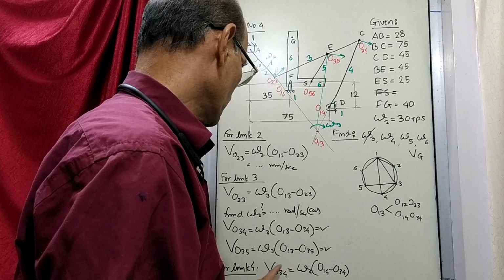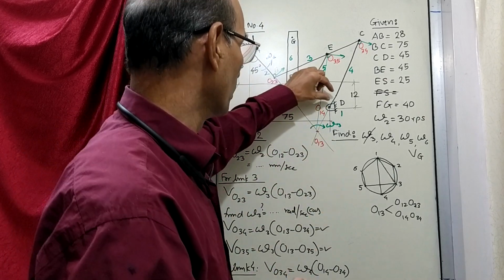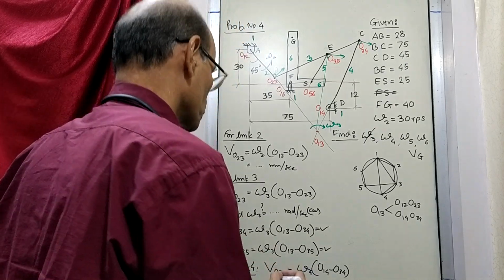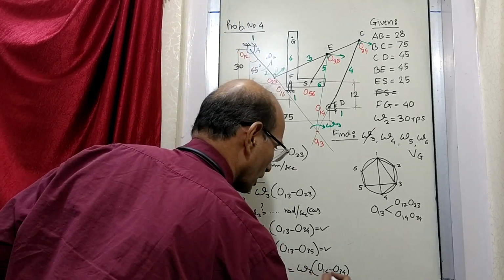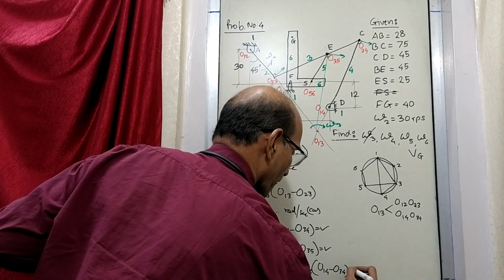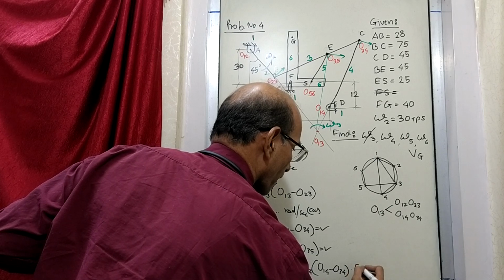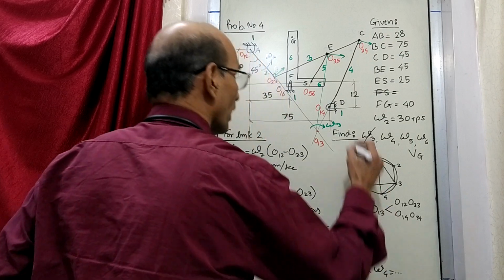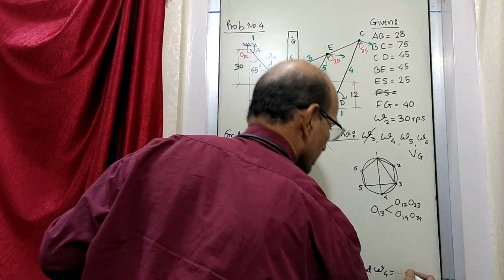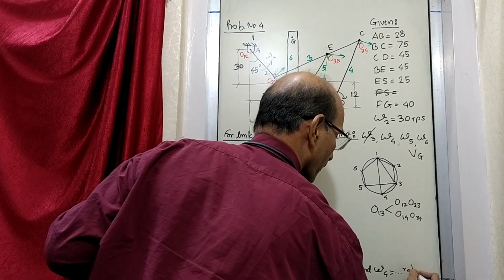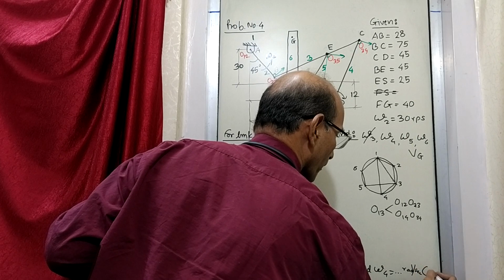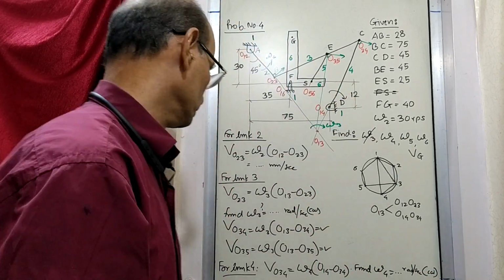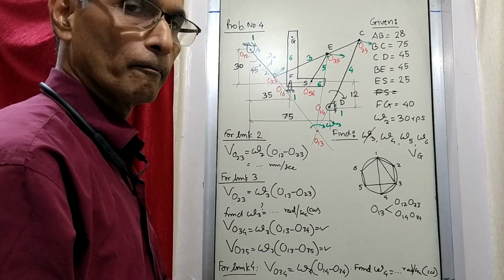Now since velocity is known and the distance from O14 to O34 is known, we can find out omega 4. So we can find omega 4 right here. And it will be in the clockwise direction for link 4.